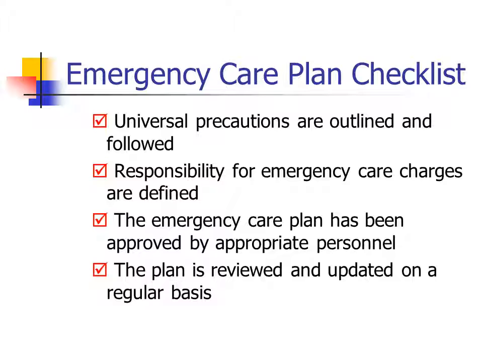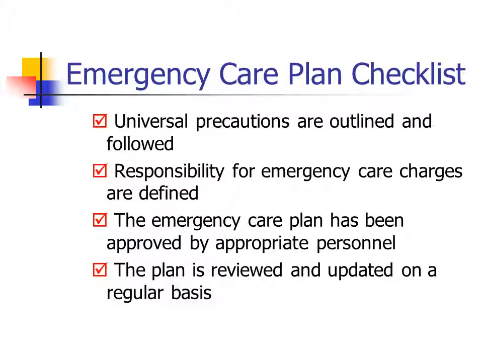And again, I mentioned earlier that you have to follow the emergency care plan to the letter, and that you should have these approved by appropriate personnel. So Georgia College, for example, has people in student health. All of their procedures are approved by a university physician, and that physician is a community physician, but that person is responsible for looking over the procedures and signing off on those.